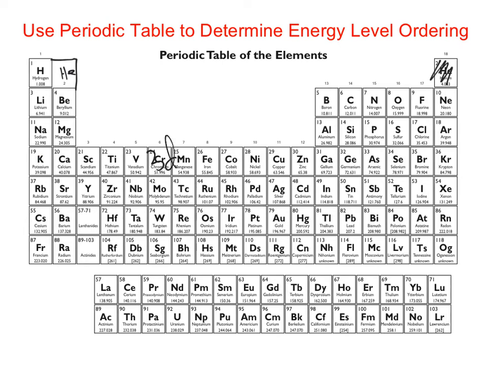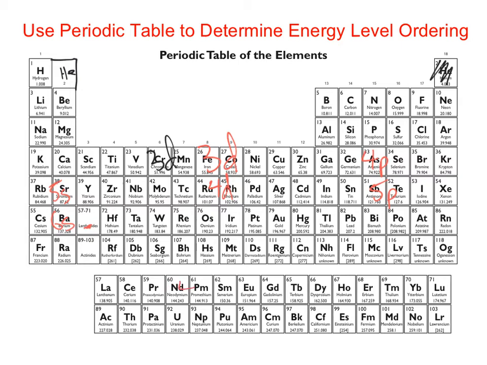Let's use a different color for that. These are the 3d's. Right, and then we're back to the 4p's, and then the 5s. The first row is the 3d's, so these are the 4d's. So then we have the 5p's, the 6s, and then now we start the lanthanides. And so they're actually 2 less than the row they're in. So even though I'm in n is equal to 6, these are actually the 4f's.